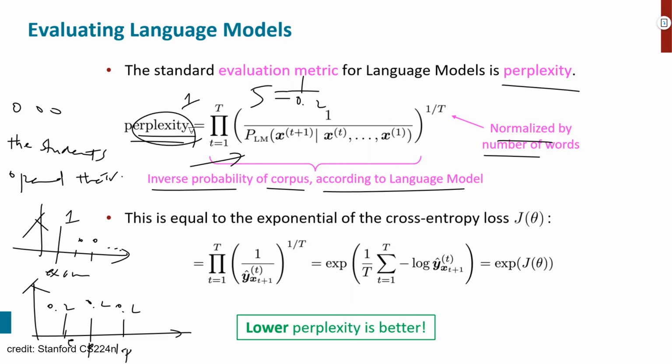If we have fewer options, that means our language model is quite confident. In this case, it is confident that the next word should be definitely exams rather than laptops or books or other words. So lower perplexity is better, because our language model is certain that the next word should be between these. Let's say the perplexity is 2, that means these two have the highest probability, and it is not perplexed.